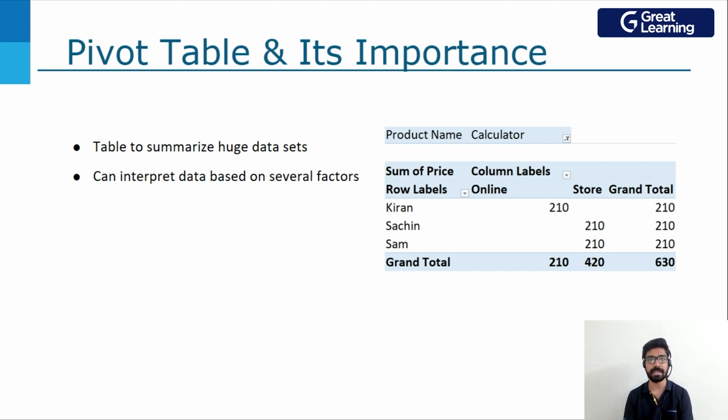So instead of doing that, that is a tiring process, right? So you need to go through complete cells and identify who all has bought that particular item. So instead of doing that, let us use pivot table. So just by creating a pivot table, you will be automatically getting the details of the customers who has bought that particular item. Isn't that more easy and convenient for you rather than going to the data sheet and identifying from each of the cells in the sheet?